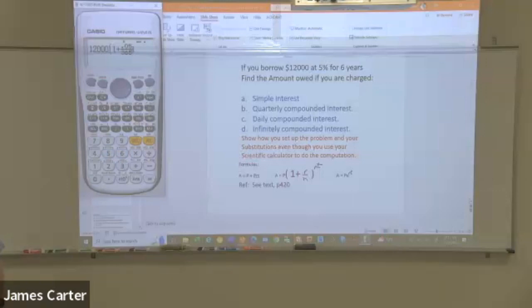Close up the parentheses. Go to the power of, in this case, I'm going to put in 365 times, how many years? 6. Close the parentheses, equals.